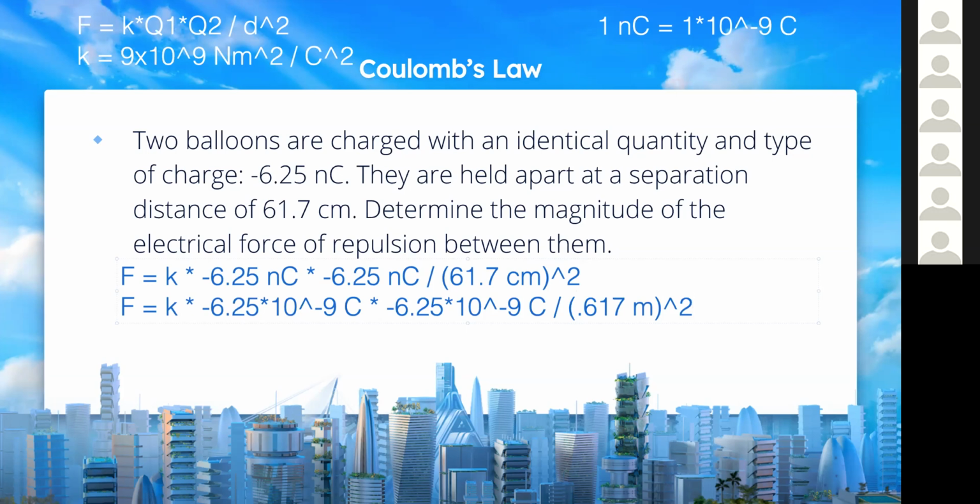So when I convert units, I get this mess. And I'm hoping that you know how to do multiplication and division with all of that scientific notation in there with exponents. I'll give you a minute to work on that.